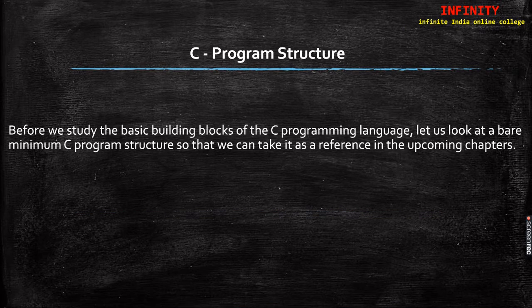Before we study the basic building blocks of the C programming language, let us look at a bare minimum C program structure so that we can take it as a reference in the upcoming chapters.